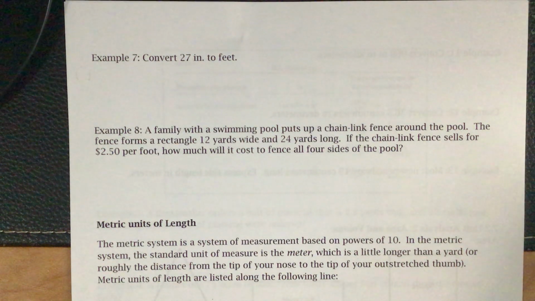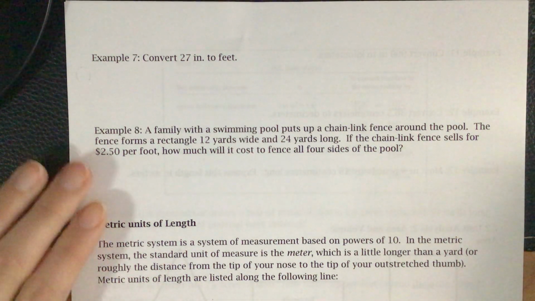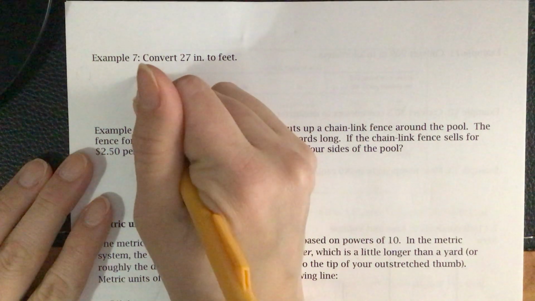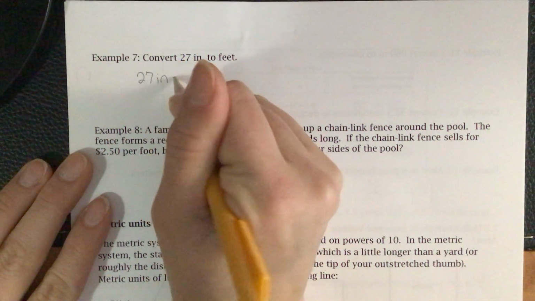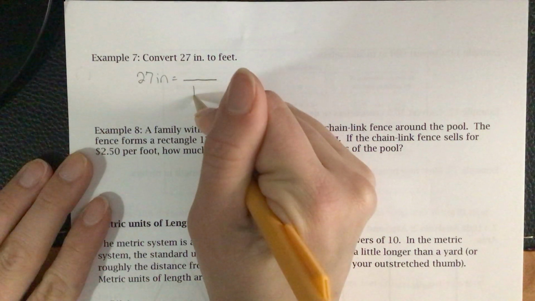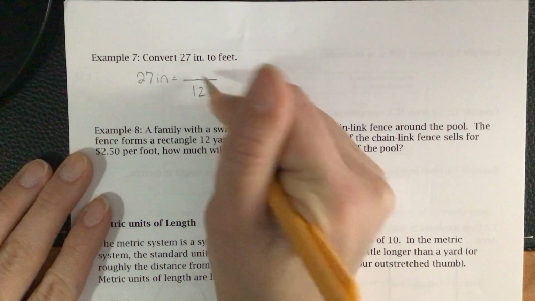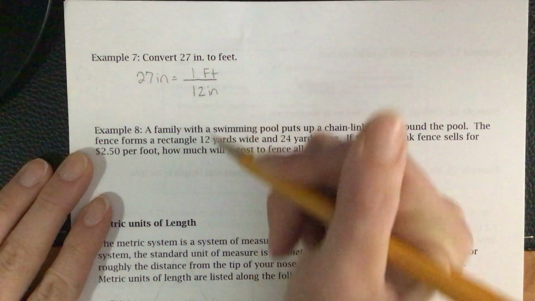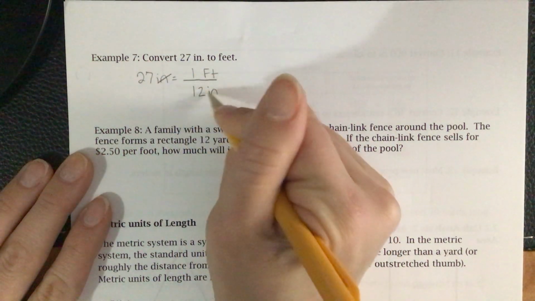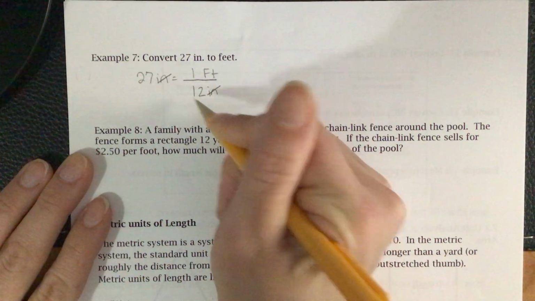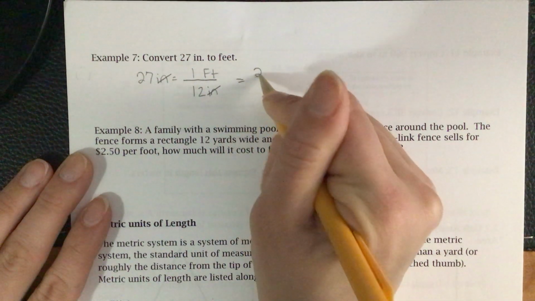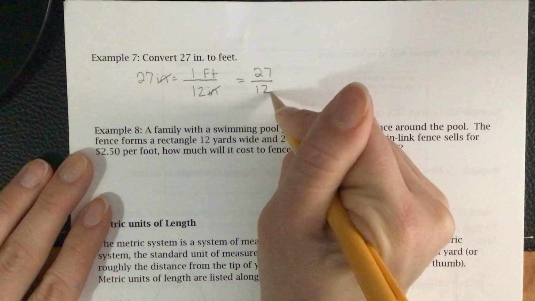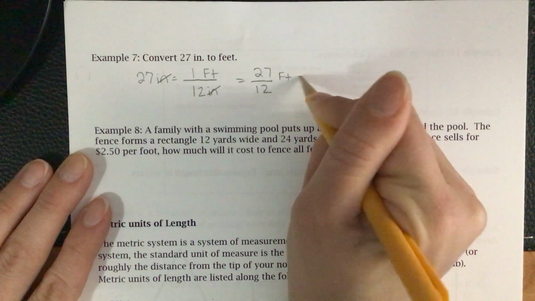Let's convert 27 inches to feet. Try this on your own. We know that 12 inches is equal to 1 foot. The inches will cancel because I have them on the diagonal, and 27 times 1 is 27 over 12 feet.